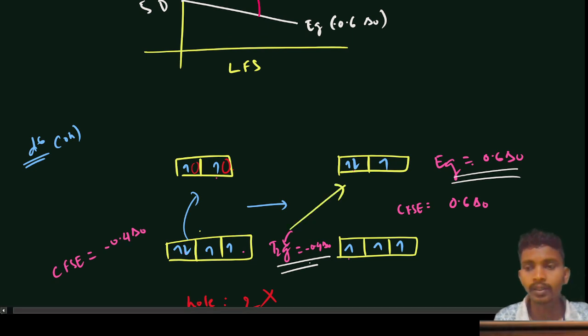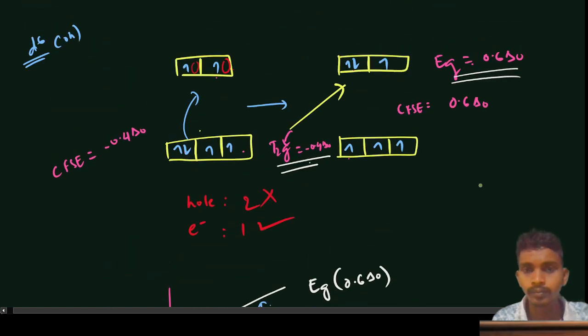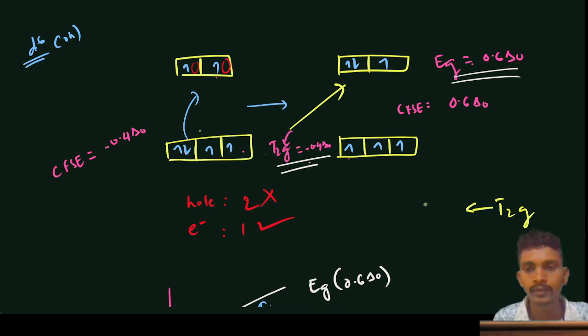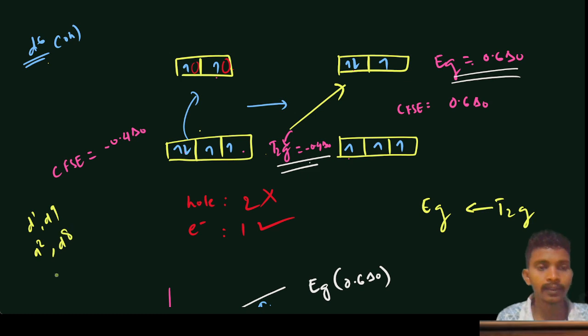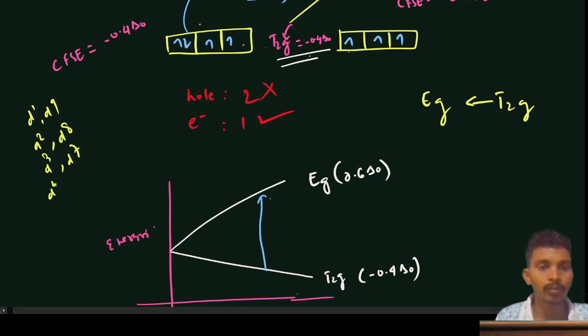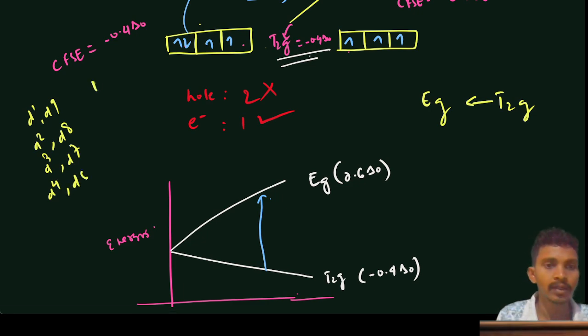So the electron transition is from T2g to Eg, and this is for d6, and d6 is, let's say, d1 and d9, d2 and d8, d3 and d7 and d4 and d6. This is d2, d3, 4, and this is 5.